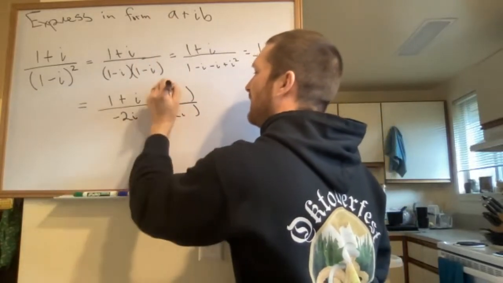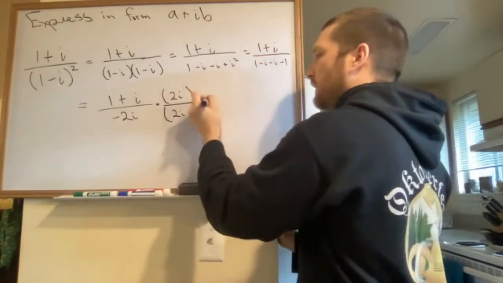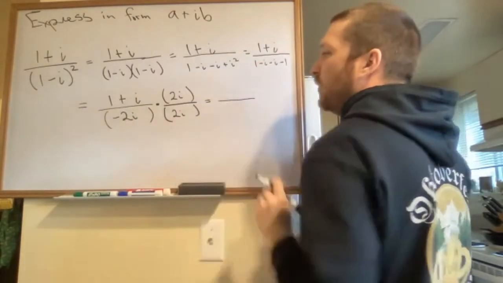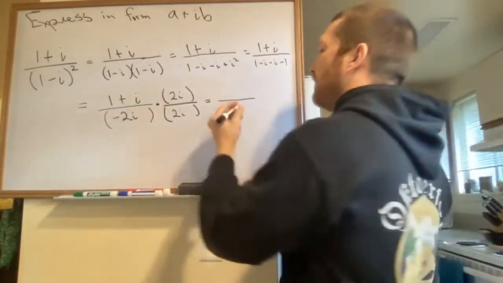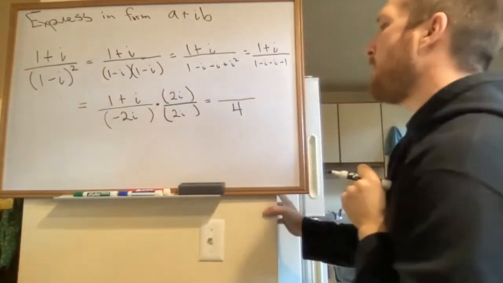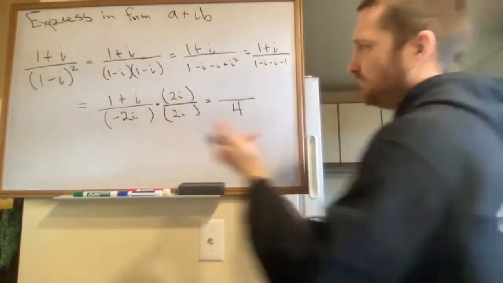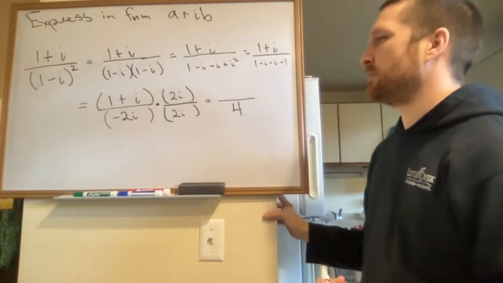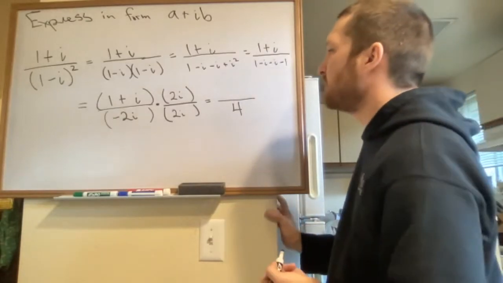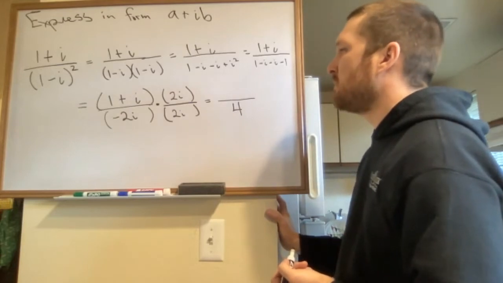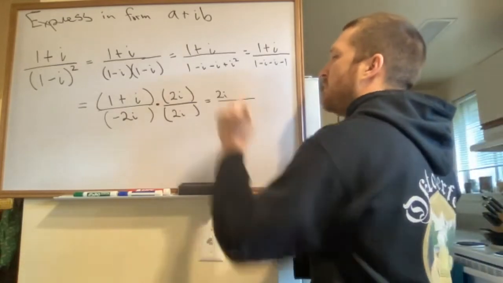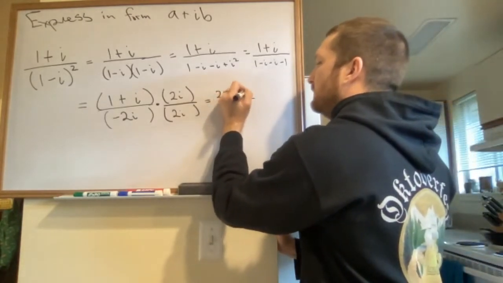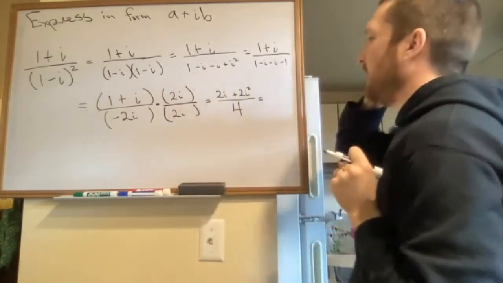So I'm going to multiply the top and the bottom by plus 2i. The bottom I already gave away. We have negative 4i squared, which makes it a positive 4. What do we get on the top? 2i plus 2i squared. Okay.